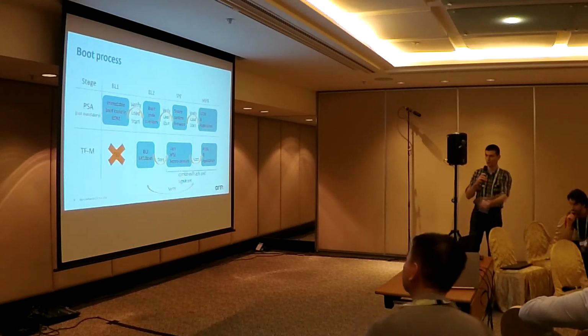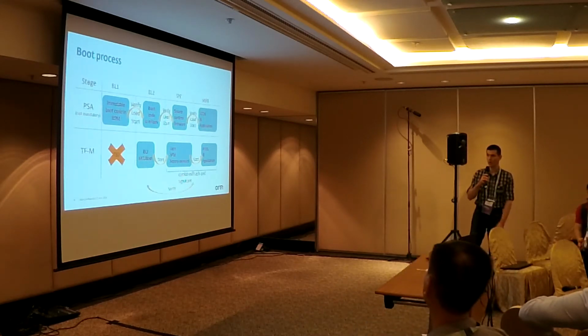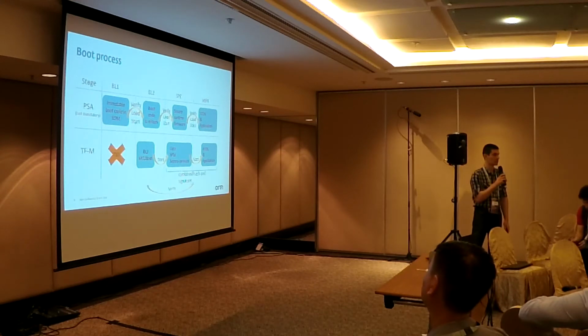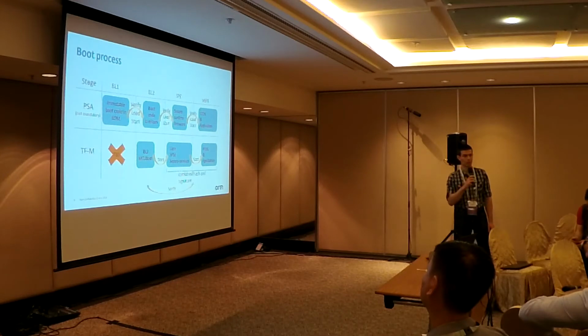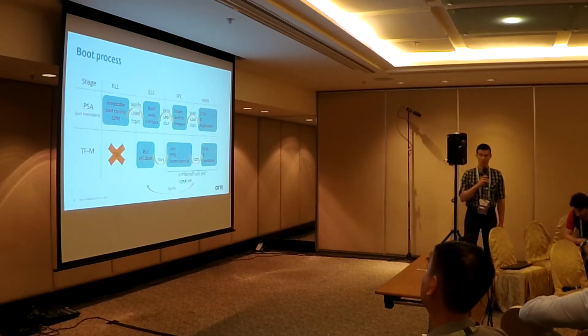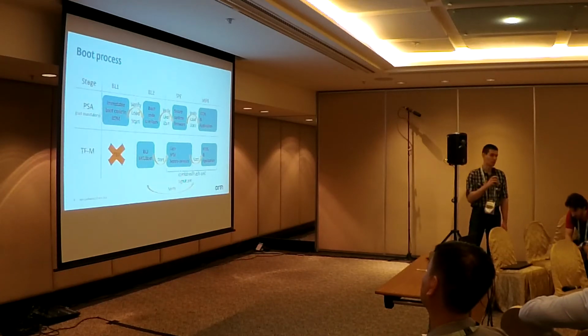On the bottom, there is the situation of how the booting is currently working in the TF-M project. We have no BL1 bootloader implementation at this stage. This is under discussion, whether we need it, whether we will do it later; we haven't decided yet.